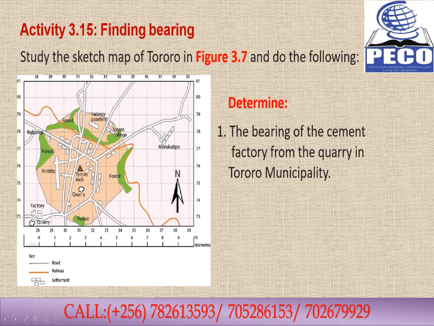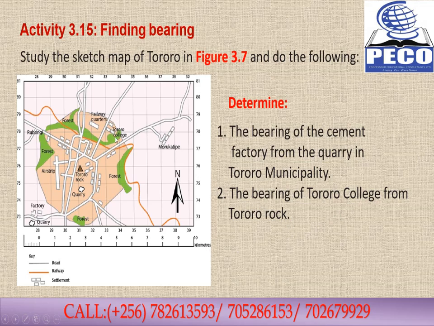So where are we standing? At the quarry. So from the north, we measure clockwise until we come to the line going to the factory. That is 1. 2, they may tell us to find the bearing of Tororo College from Tororo Rock.